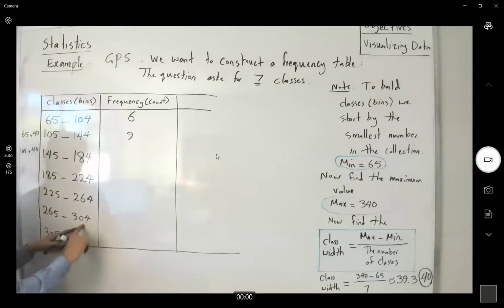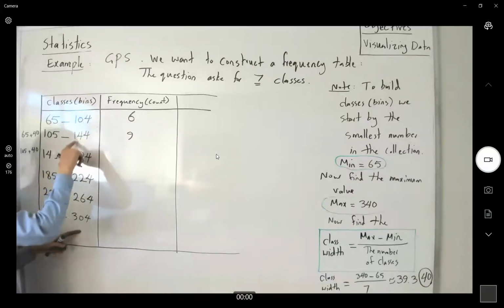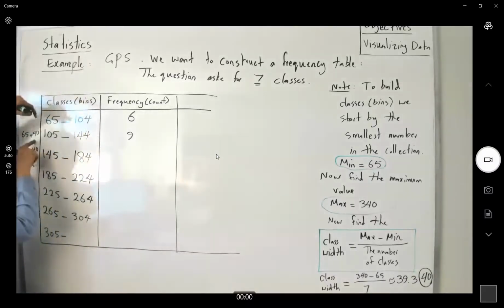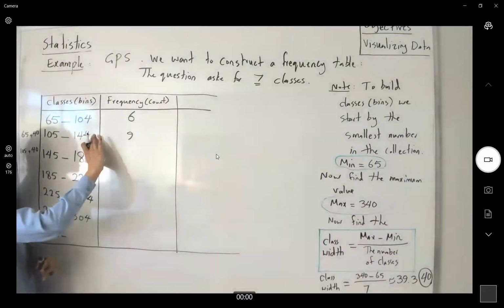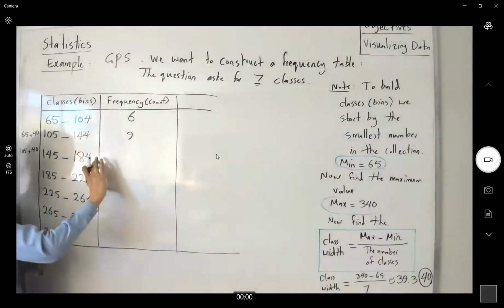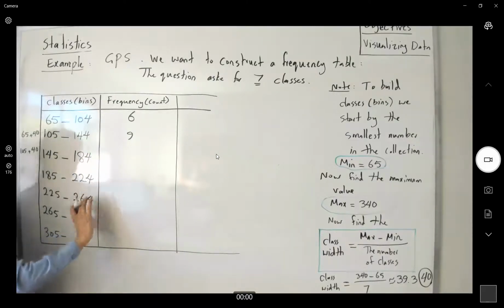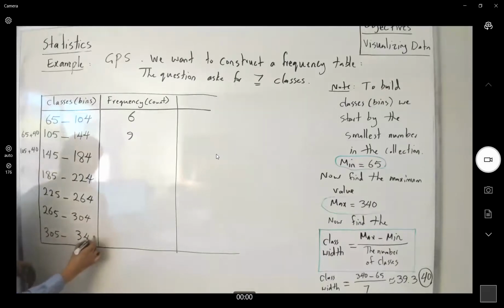So the difference between each of upper limits is 40. 144 minus 104 is 40. The class width. The difference between these 2 is 40. The difference between these 2 is 40. The difference between these 2 is 40. So the difference between these 2 must be 40. Or if you add 40 to 304, you get 344.